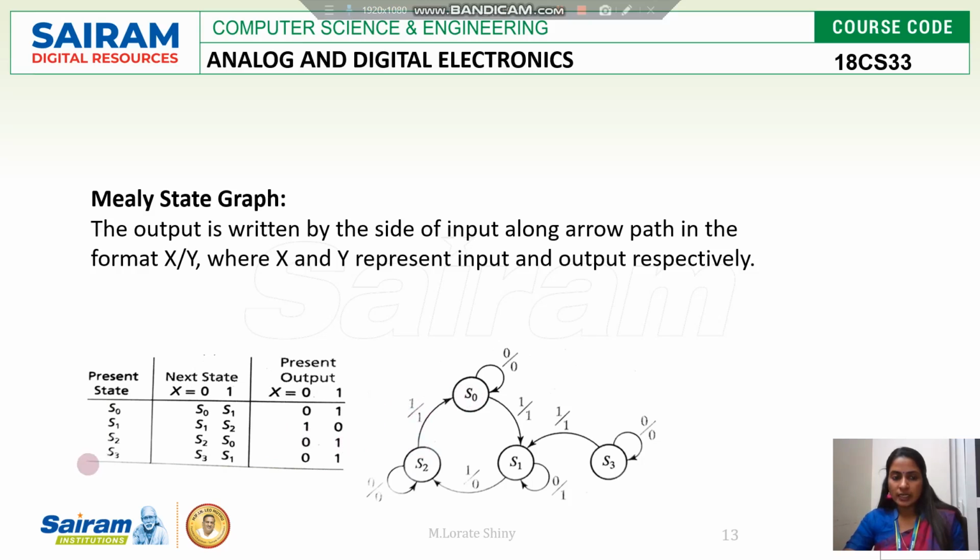Then S3. For X is equal to 0, the next state is S3 only, the same state, input is 0 and output is also 0. For X is equal to 1, the next state is S1, so you move to S1, input is 1 and output Z is also 1.